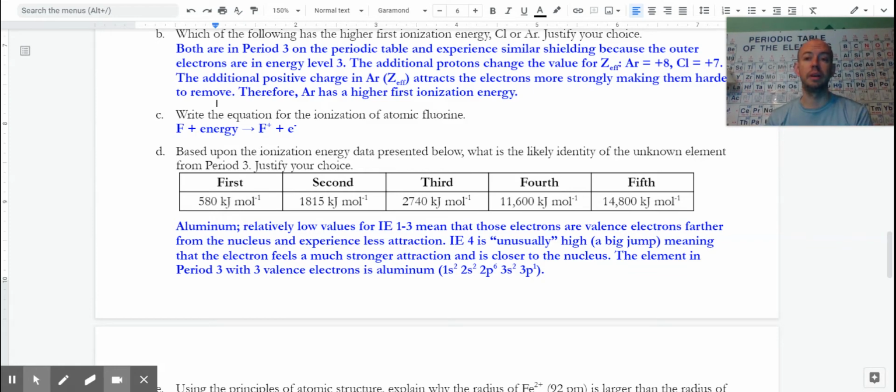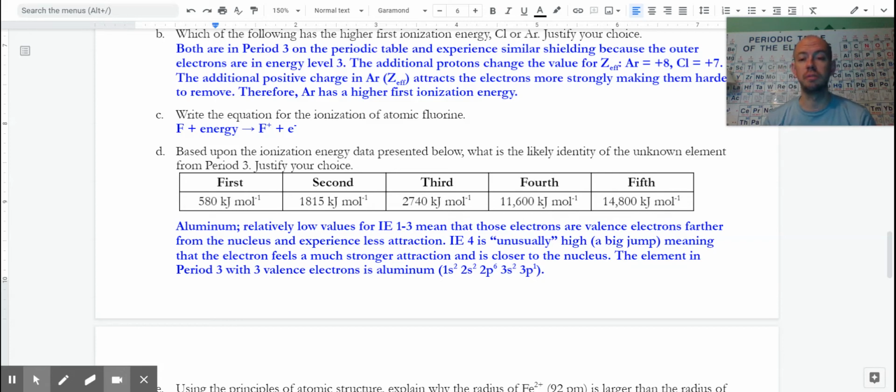This is an instance where we are looking at successive ionization energies, first versus all the way up to 5th, and using that to know about an element. So it says we're in period 3, which means our options are anything from sodium up to argon. The right answer, the claim, is aluminum. Low values for ionization energies 1, 2, and 3 mean that those electrons are valence electrons.